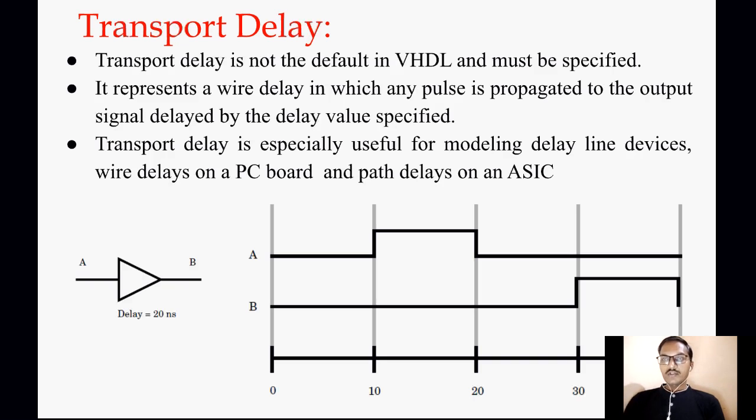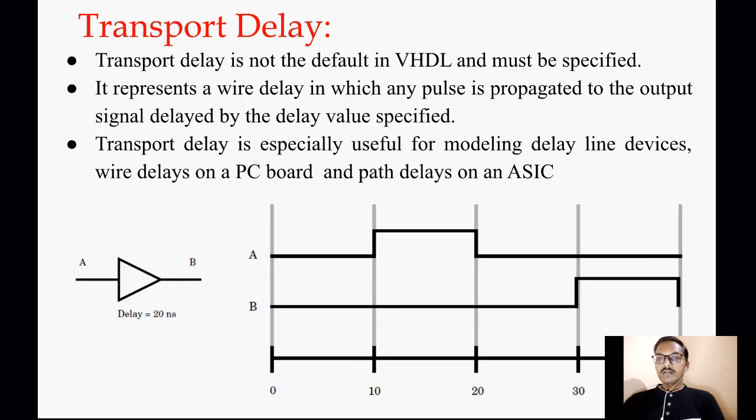Next we can see the transport delay. A transport delay is not the default in VHDL and it must be specified. It represents wire delay, in which any pulse is propagated through to the output signal delayed by the specified delay value.